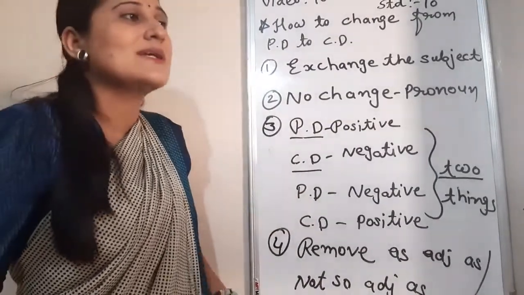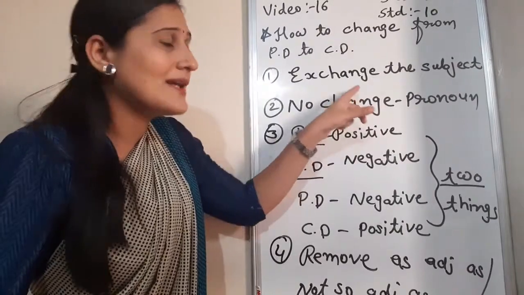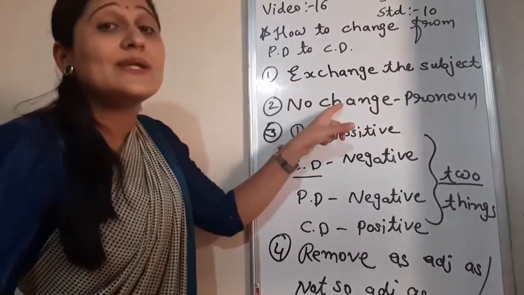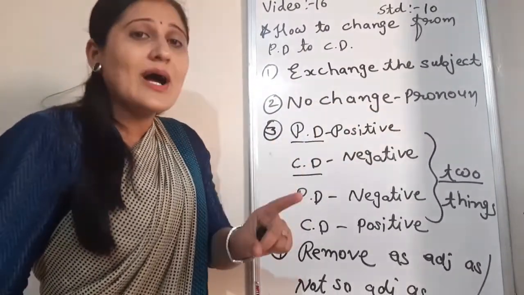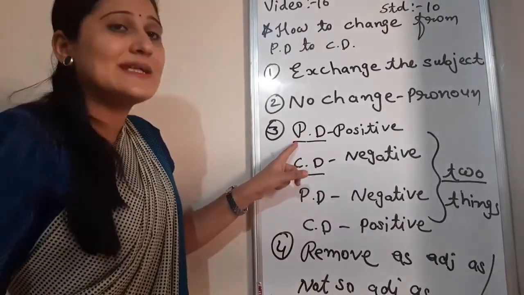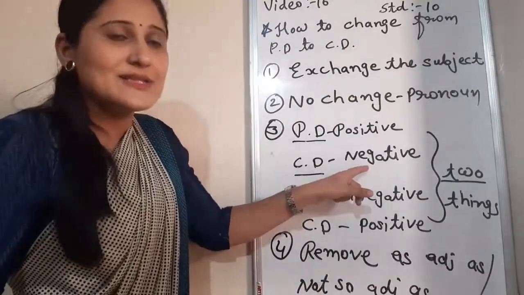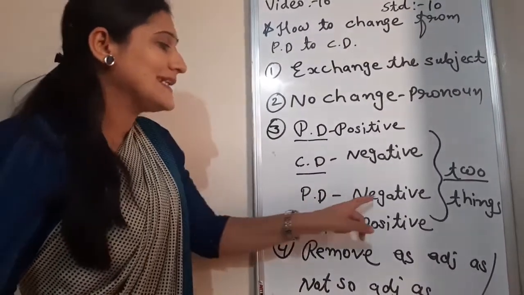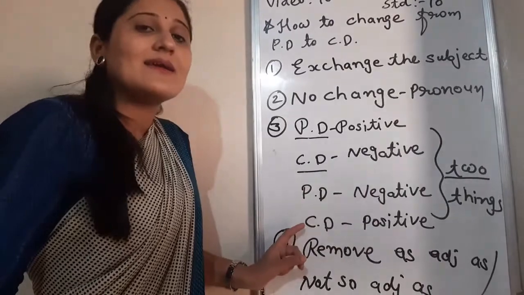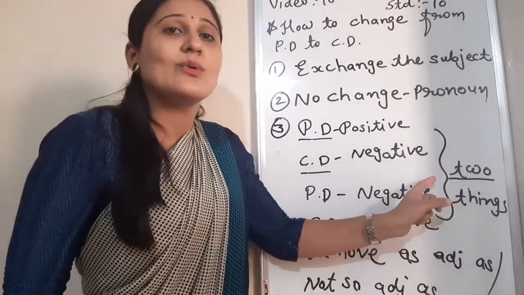There are 7 rules. The first one is exchange the subject. Second, no need to change pronoun, though I then I, she then she. Then if positive degree is positive, comparative will be negative. If positive degree is negative itself, then comparative will be positive, especially for 2 things.